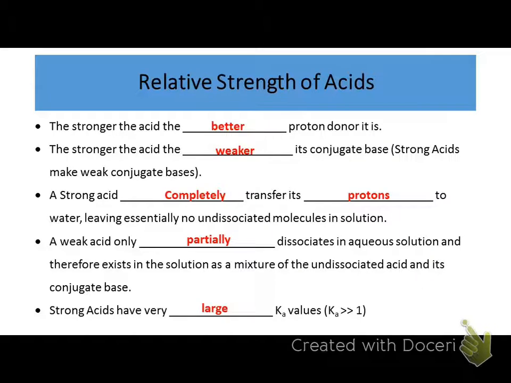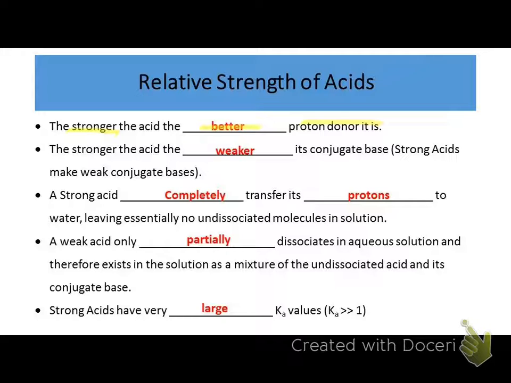Here are some points I want to make about relative acid strength, and we'll talk about what it means to be a strong acid and what it really means to be a weak acid. Essentially, the stronger the acid, the better proton donor it's going to be. All super strong acids are going to be great proton donors.